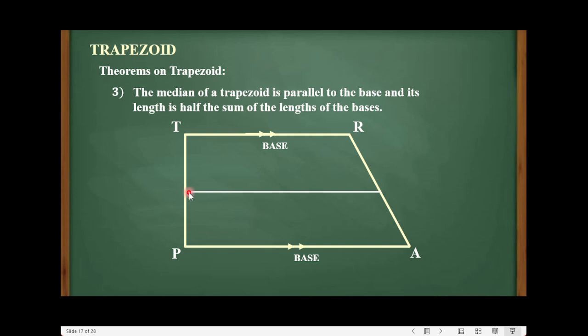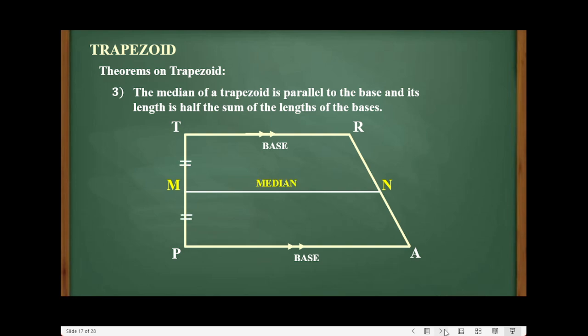And we have here the midline, or the median, a segment connecting the midpoints of the legs of the trapezoid. According to the property, the length of the median is what? It is the average length of the bases of this trapezoid. Or simply, the length of the median is half the sum of the lengths of the bases.